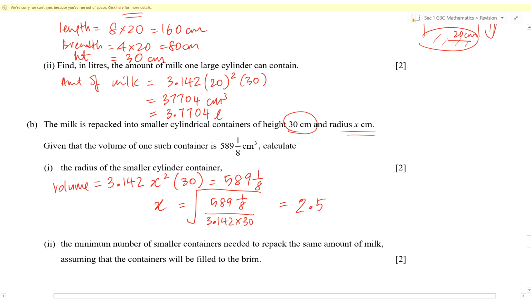Do you have an exact value of 2.5? Or is your value approximated? It should be exactly 2.5. Okay, so this is the radius.